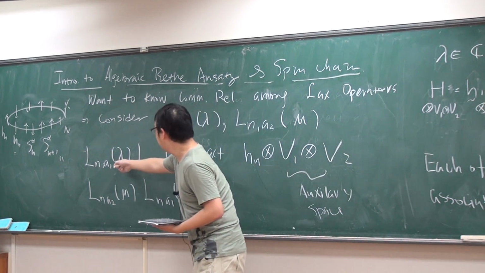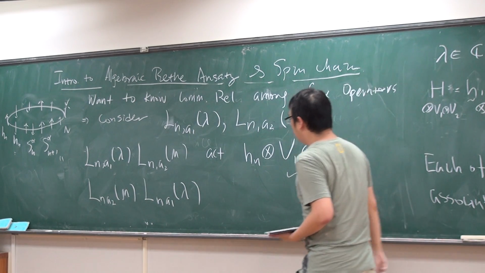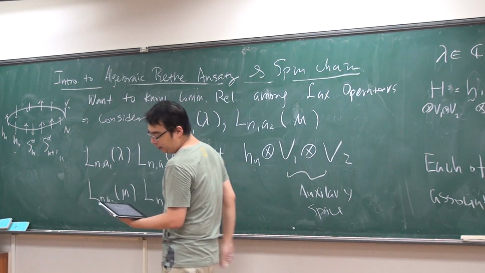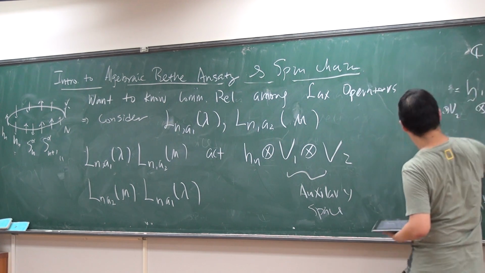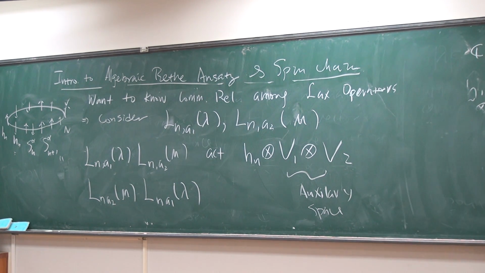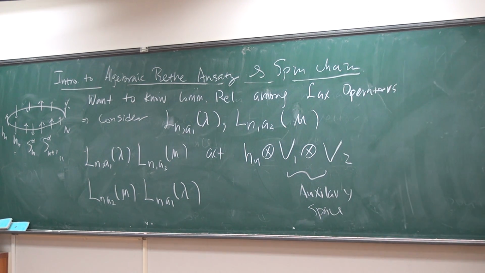All we are doing is exchanging those additional auxiliary non-physical spaces and changing their label, if you want. So that's telling you that there should be operators on the auxiliary space.